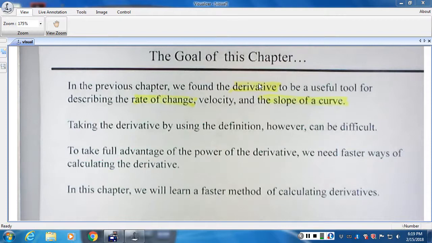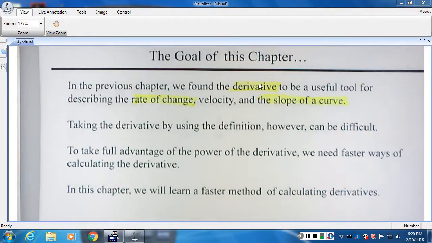And one of the applications that we used it for was to find velocity, what we normally call speed in miles per hour or feet per second or something like that. It's a rate of change of a person or a car or something changing distance over a certain amount of time.